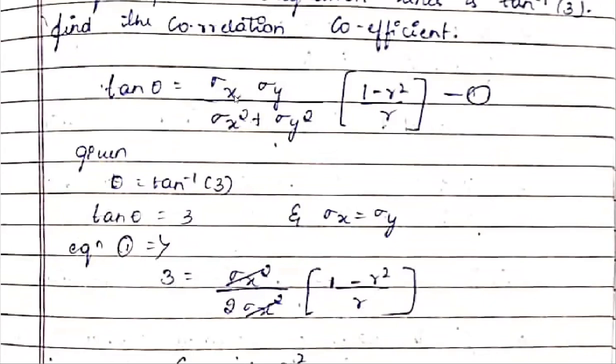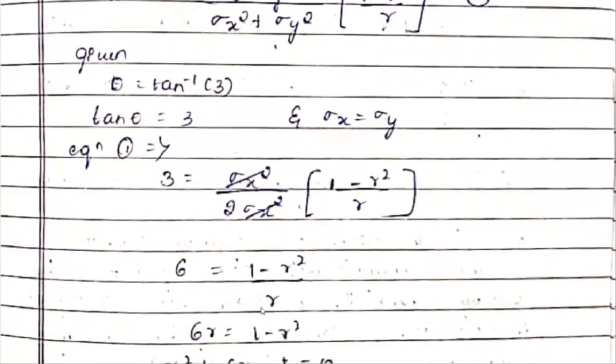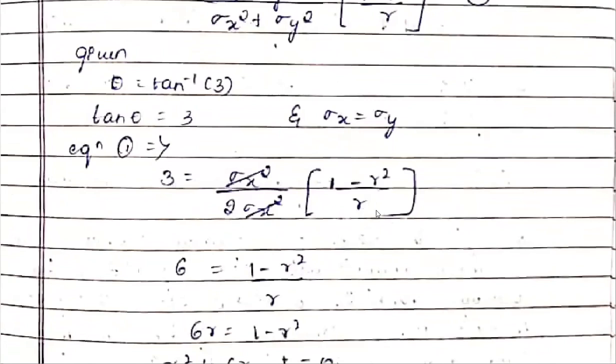So sigma x into sigma x is sigma x square divided by sigma x square plus, instead of sigma y, sigma x, so it is sigma x square plus sigma x square, which is 2 sigma x square, into this as it is, 1 minus r square by r. So sigma x square will get cancelled. Cross multiply this, you have 2r here.